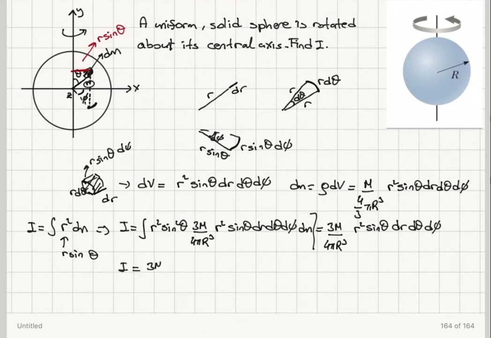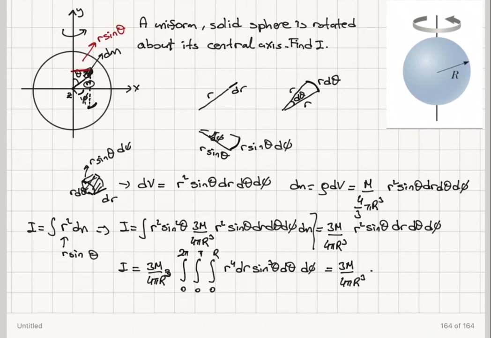So the moment of inertia is 3M over 4 pi R cubed, and I'm going to start performing the integrals now. The phi integral goes from 0 to 2 pi, the theta integral goes from 0 to pi, the r integral goes from 0 to capital R. So I have r to the 4 dr sine cubed theta d theta d phi. The phi and the r integrals are the easiest, so let's perform those two.